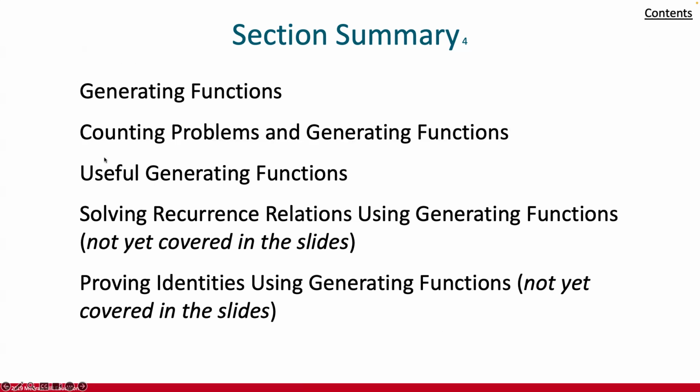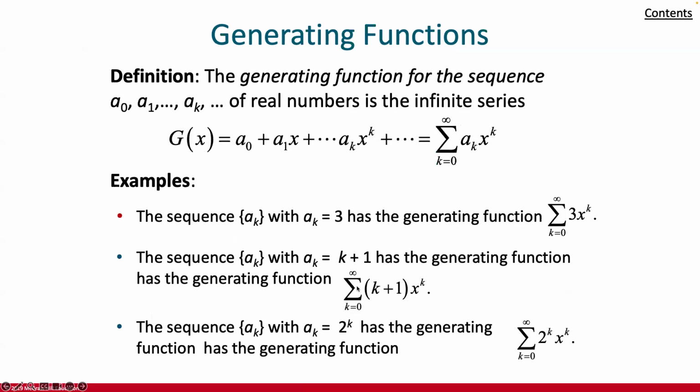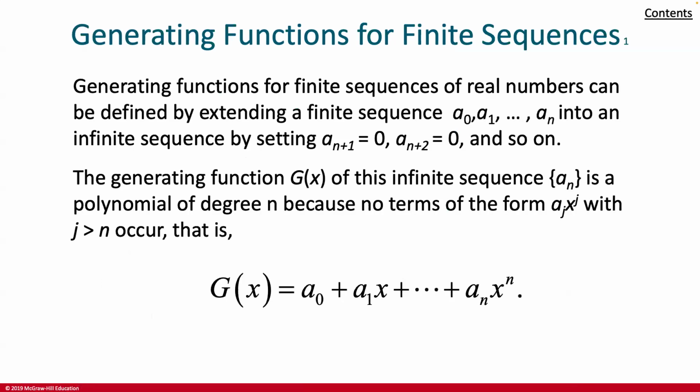So generating functions, counting problems in generating functions, useful generating functions, these are the things that we're going to be focusing on. So we can see this is the general characteristic of what a generating function would look like. And so we have this kind of relationship. And so here are examples that we can be thinking about. You can refer to that as you would like, or I'd refer you to Rosen.